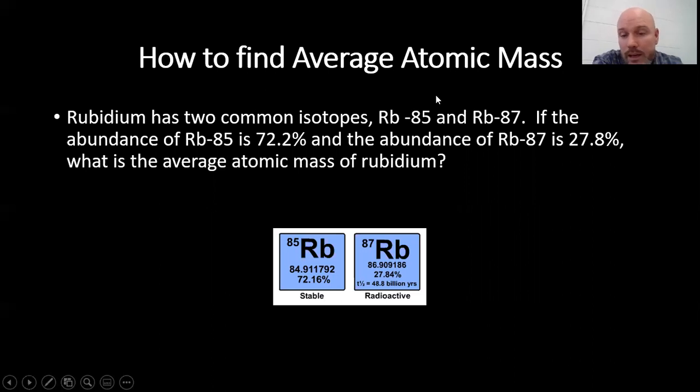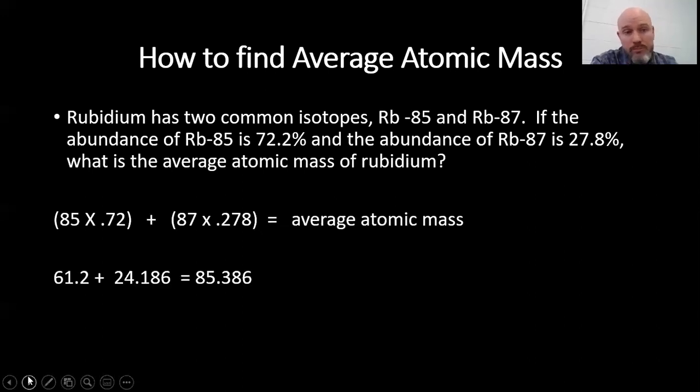That 85 and that 87 is the atomic mass for that isotope of Rb. Here the abundance of Rb85 is 72.2%, and the abundance of Rb87 is 27.8%. We need to figure out the average atomic mass of rubidium.